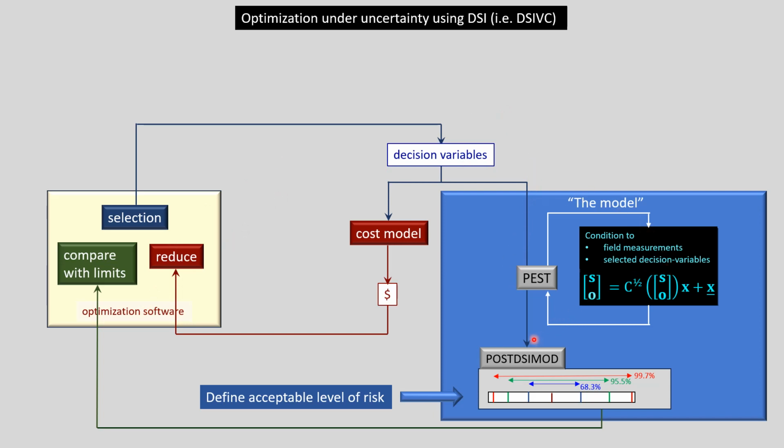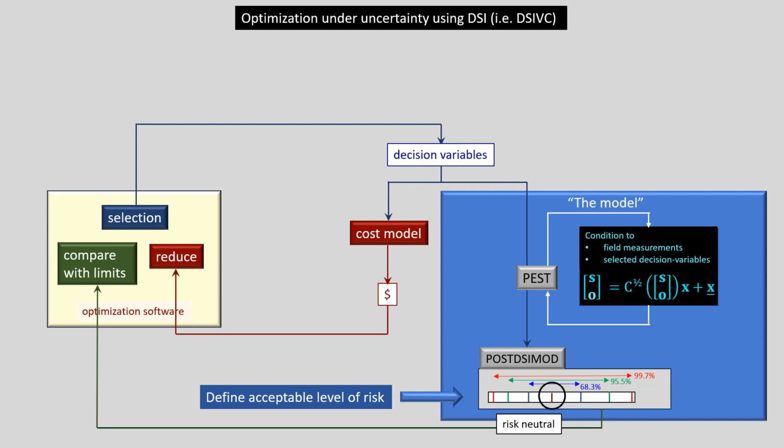The output that we're interested in is the number of particles that reach the river, or something of management interest, something that is the constraint in the constrained minimization process. And here is where we get to choose the level of risk, the risks that we're prepared to take.